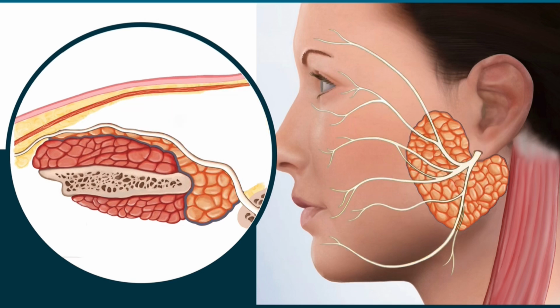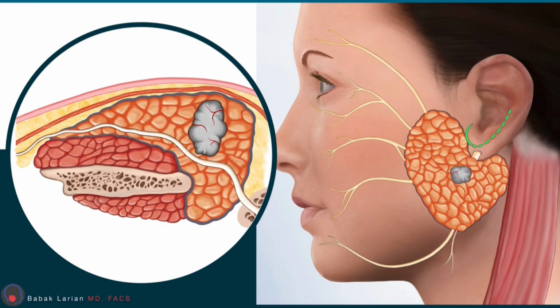And then as we got wiser and smarter, we started looking at our data, and we noticed that for the benign tumors, if we remove the tumor along with a little bit of extra parotid tissue around it, the chance of recurrence, the chance of injury to the facial nerve, everything is similar, right?